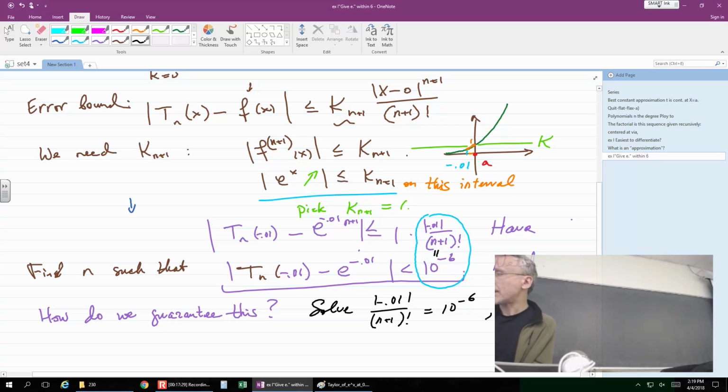I have 0.01 times 10 to the 6th supposed to be equal to n plus 1 factorial. So n is what we are after here.